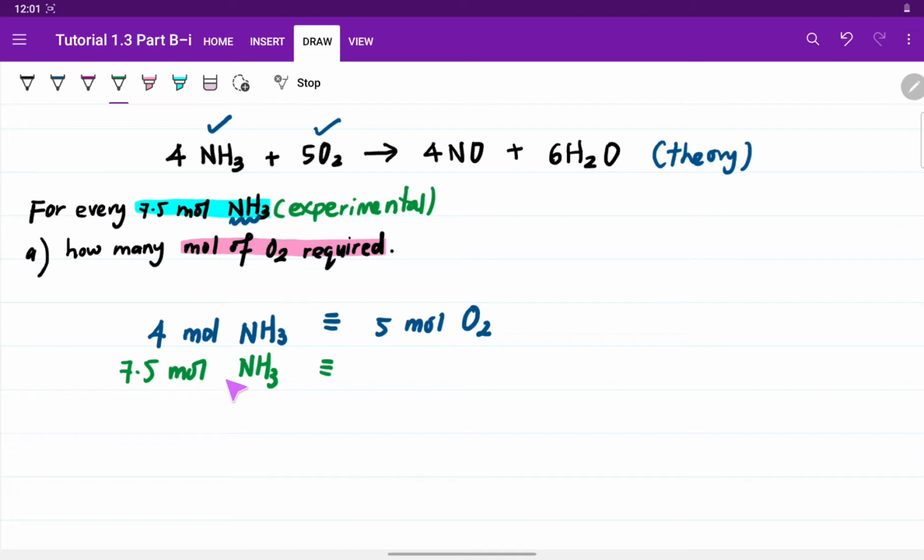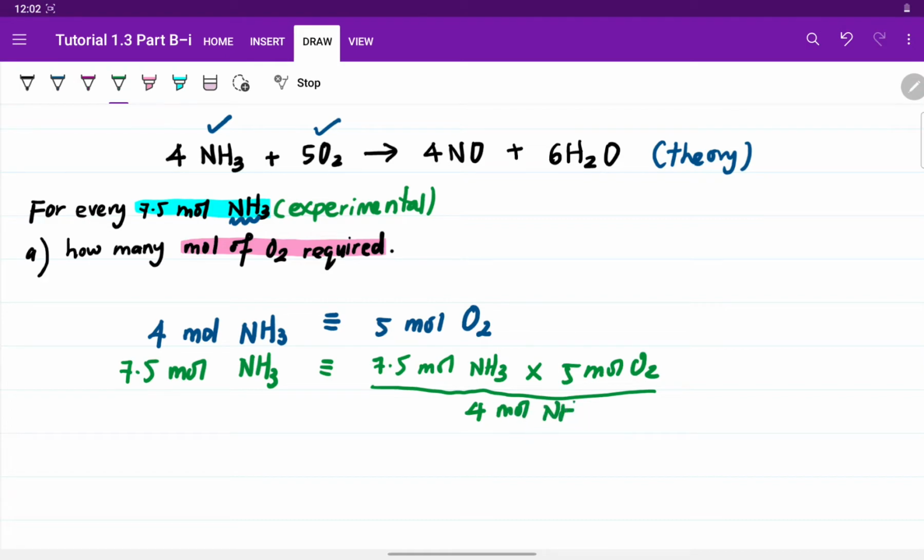Okay, so the calculation will be 7.5 mole of NH3 times 5 mole of O2 over 4 mole of NH3. Okay, yang sama kita akan cancelkan mole NH3, mole NH3.